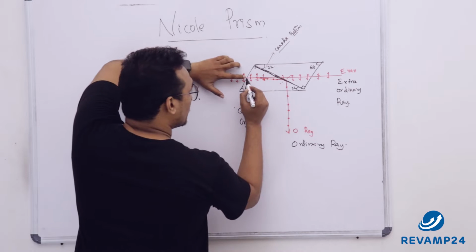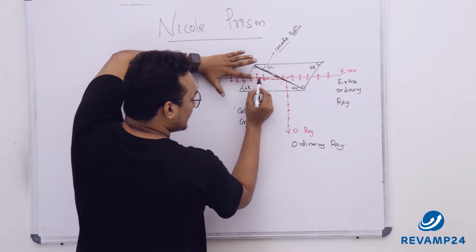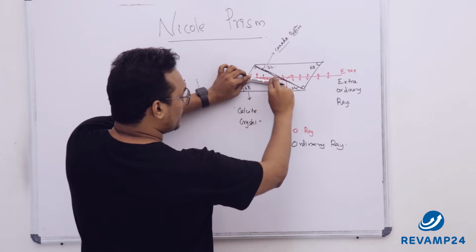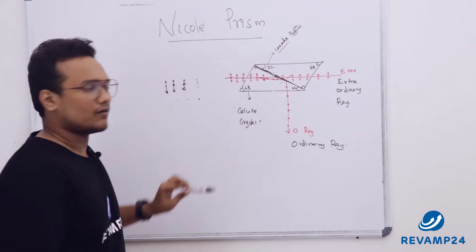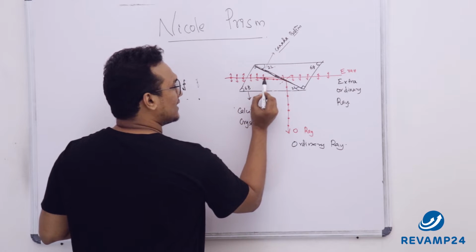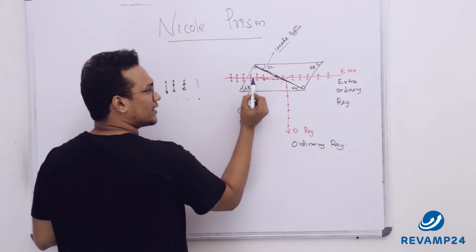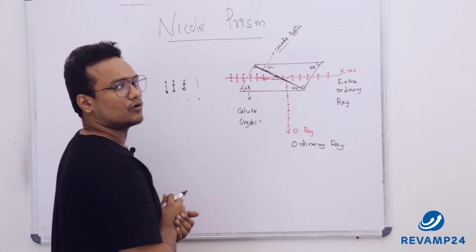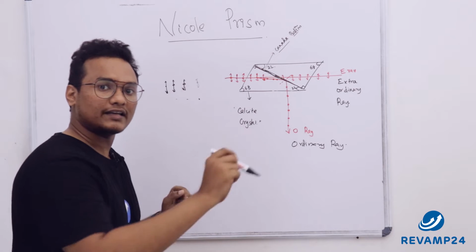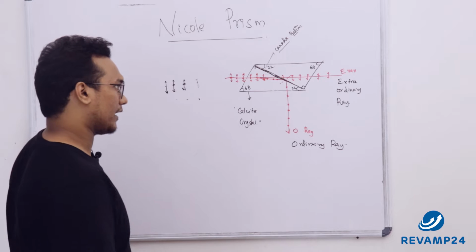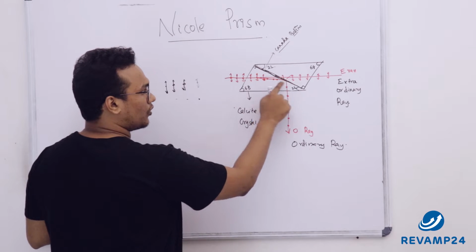One would be refracted less and the ordinary ray would be refracted more, deviating like this. Both were traveling together, but from here they got separated because one deviates with a lesser angle and another with a more angle.